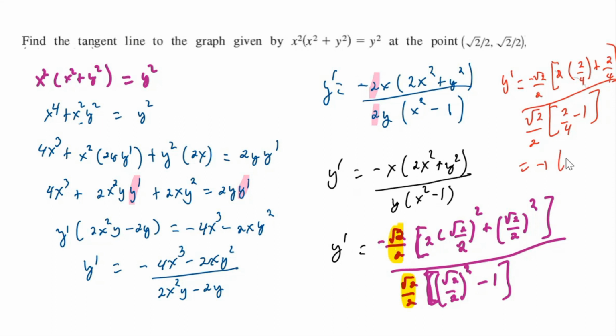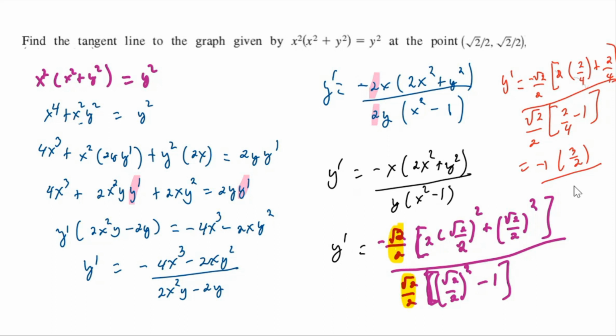So we have times 3 halves all over. I don't need anymore to write square root of 2 over 2 because I already divided that one from the coefficient of negative square root of 2 over 2. So what is now 2 fourths minus 1? 2 fourths minus 1 is just equal to negative 1 half.